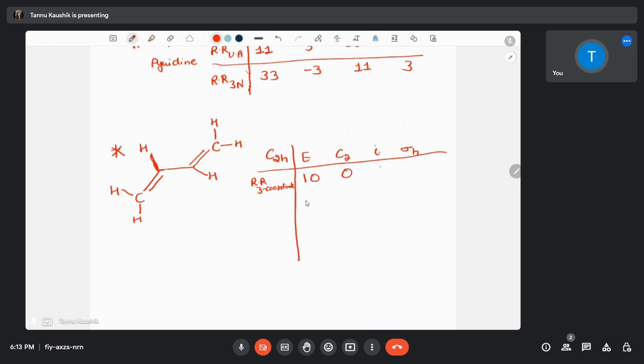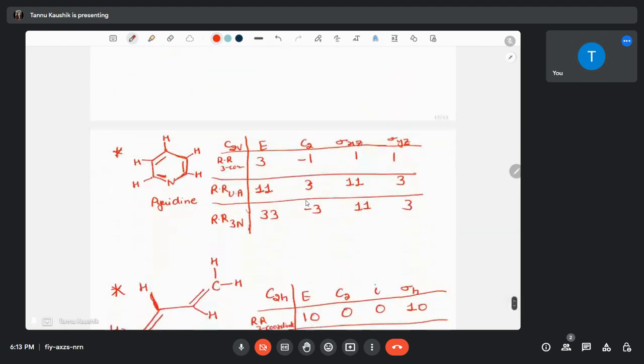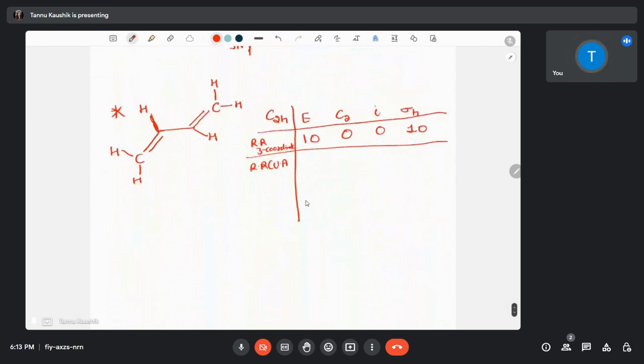0, 0, 10. Unshifted atom. Sorry, this was for unshifted atom.